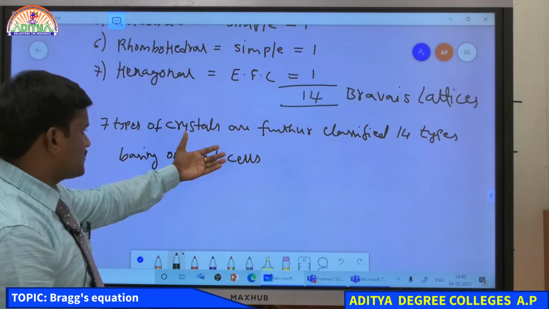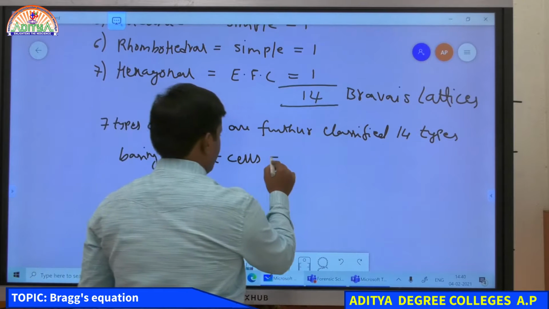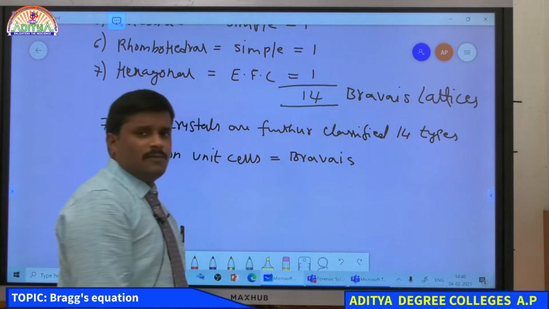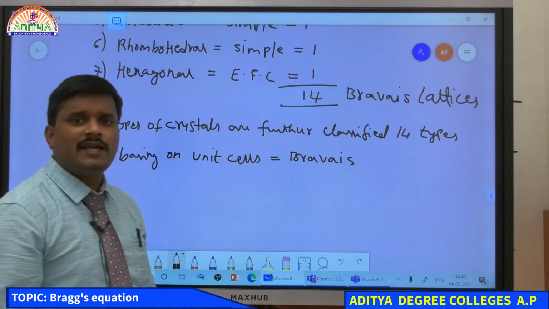So these 14 types of unit cells are nothing but Bravais lattices. So Bravais lattices only depend on the type of unit cell.